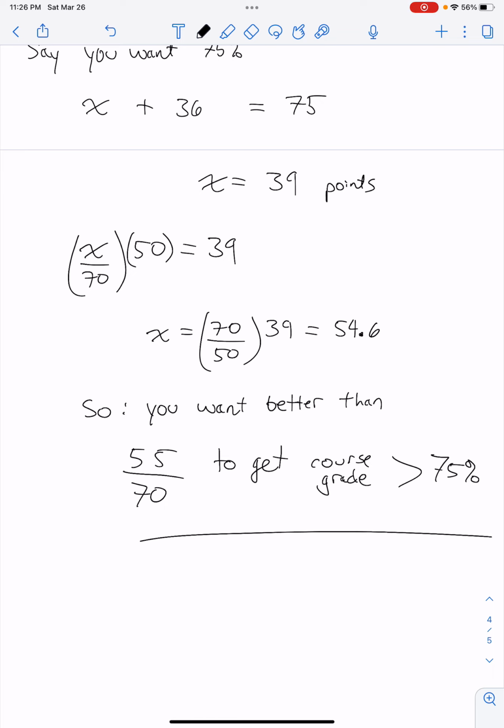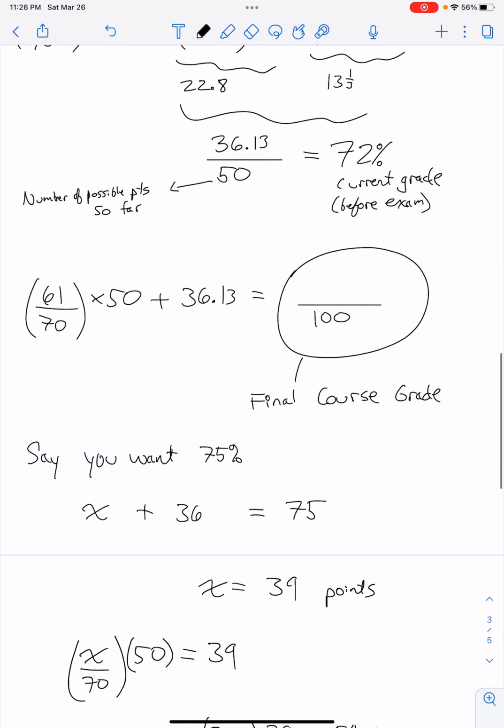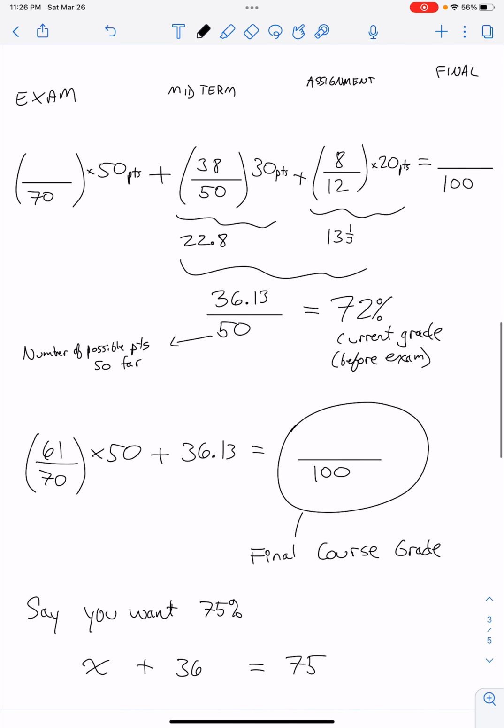All right, so that's working through how to determine what you currently have in a course and what you could end up with based on exam performance.